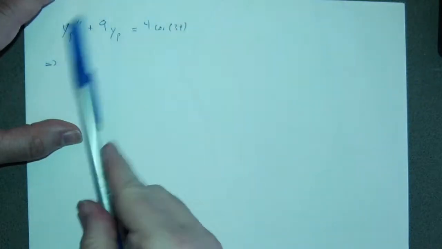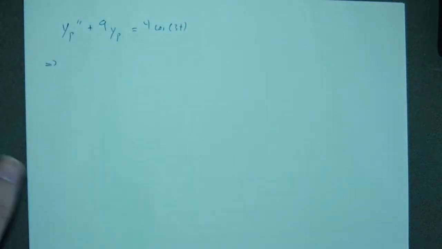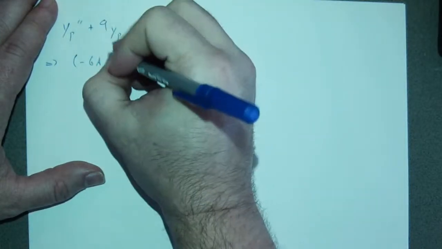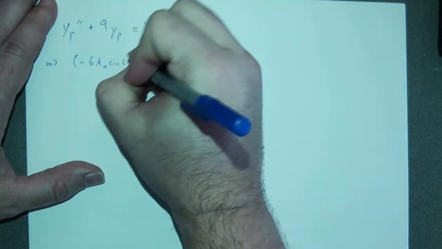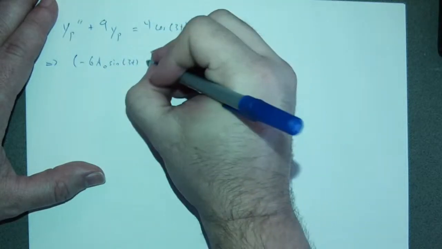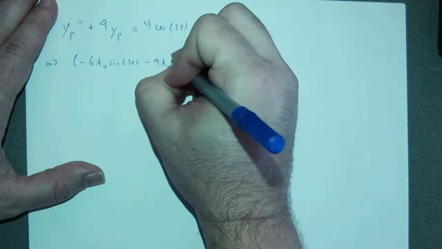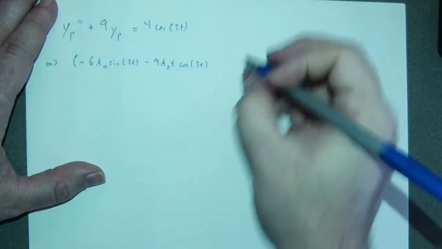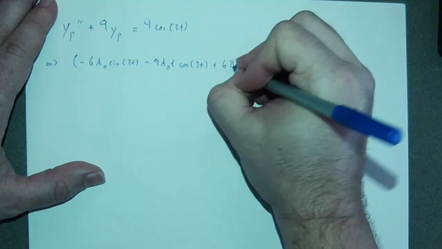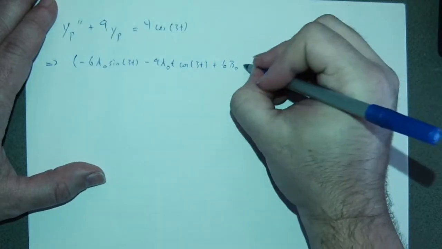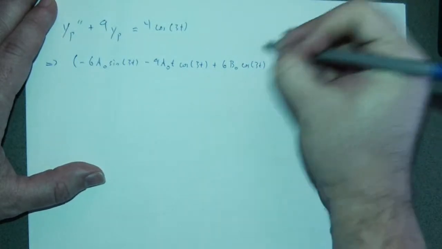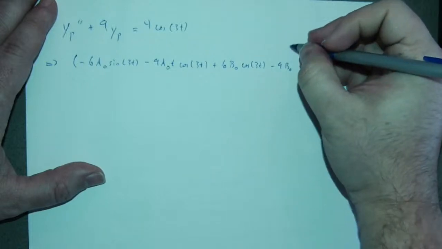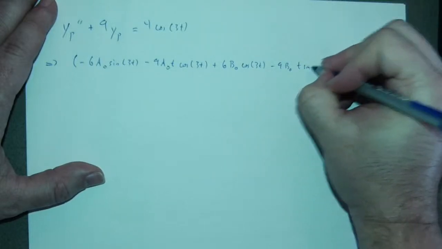Now, y sub p double prime we just computed to be minus 6 a naught sine of 3t minus 9 a naught t cosine of 3t plus 6 b naught cosine of 3t minus 9 b naught t sine of 3t.